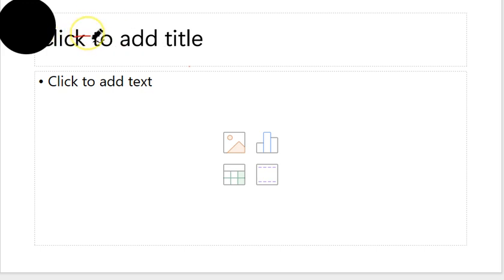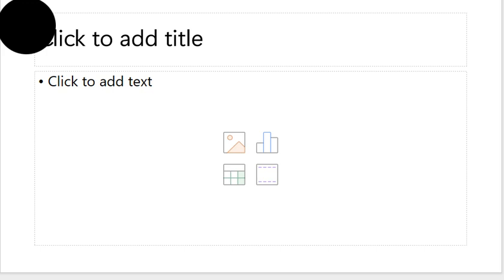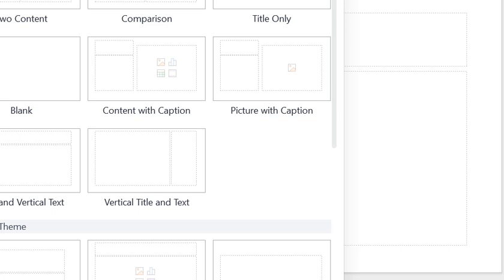So our title here is I of z. I need C_UN, so I may rewrite this as 1 minus the integral of p of x restricted to z dx, where modulus of x minus g of z is strictly less than delta, and proceed so as to get my output.